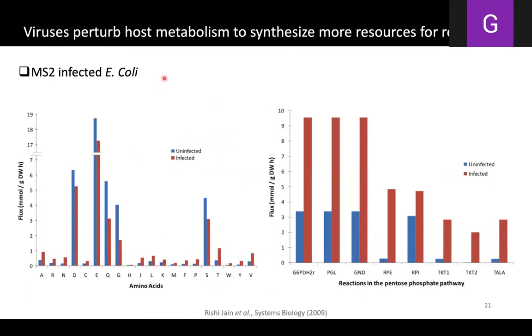Analyzing this infected host metabolic model, it was learned that during infection, the production of many amino acids and metabolites involved in pentose phosphate pathways was significantly upregulated compared to the uninfected model. And this is an indication of how virus infection can reprogram the host metabolism in its favor to replicate.